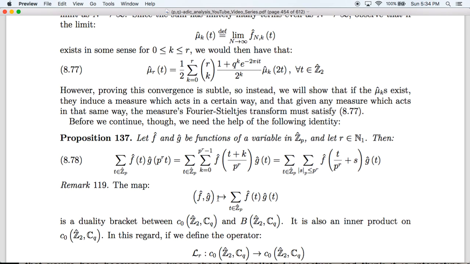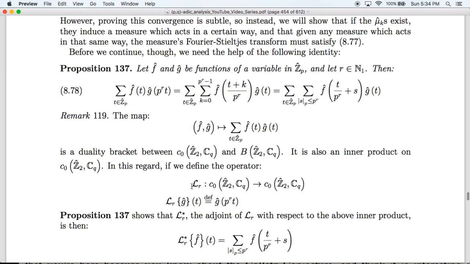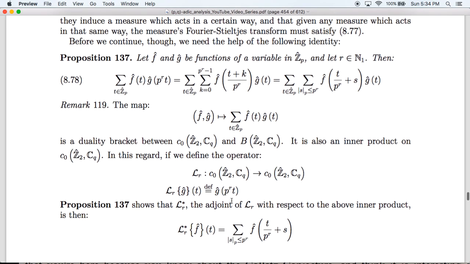In particular, this pairing is a continuous C_Q bilinear form from this cross that to the field of scalars C_Q. In particular, if we define the operator L_r on the C_0 space, which takes any function g hat and precomposes it with the multiply by p^r function, we then have that this formula is computing the adjoint of L_r, denoted L_r star, with respect to this duality pairing.